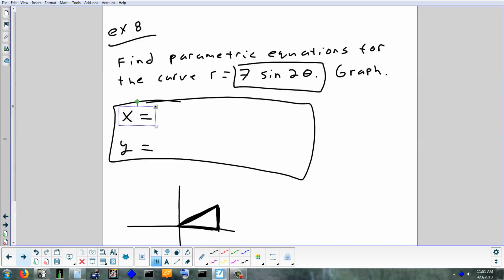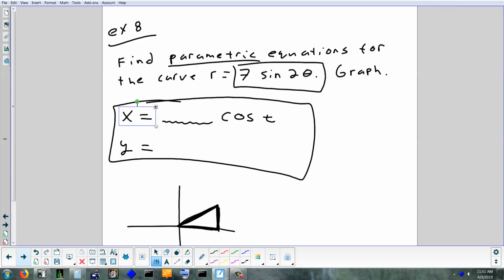I'm going to use cosine. And now it's cosine of, we're writing parametric, so what letter should I use as the parameter in cosine? T. Yeah, T.